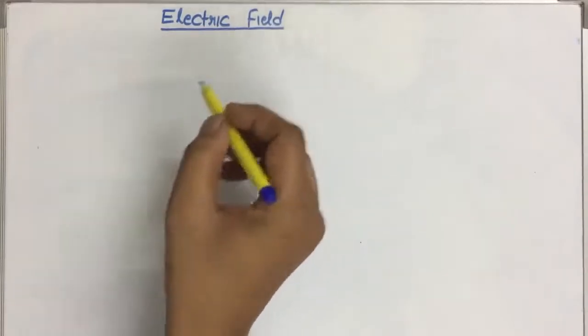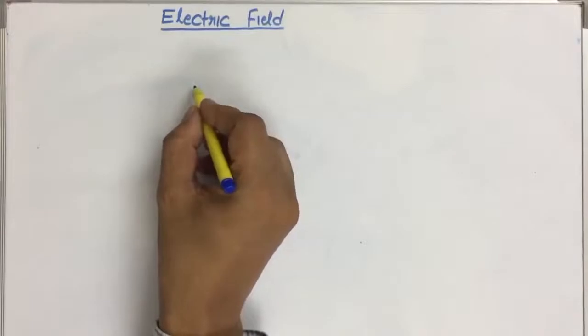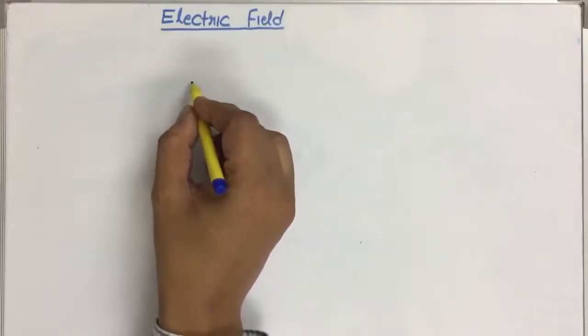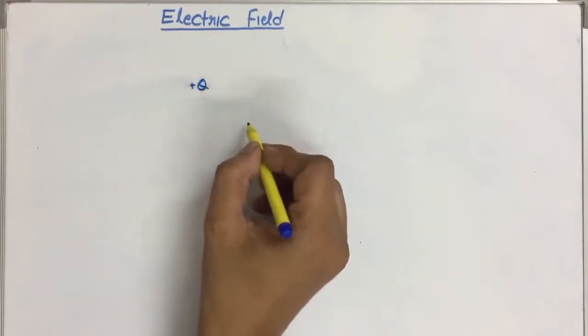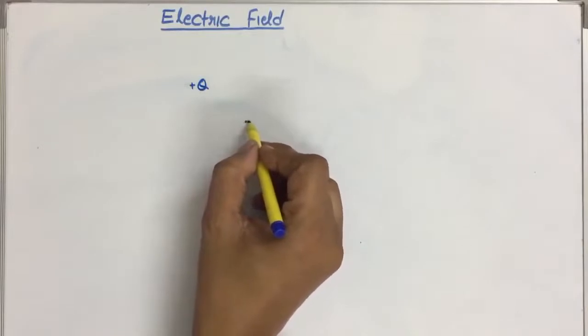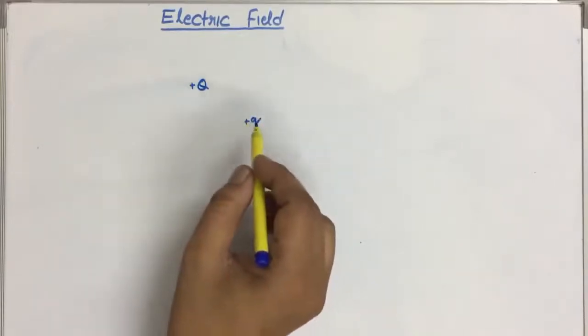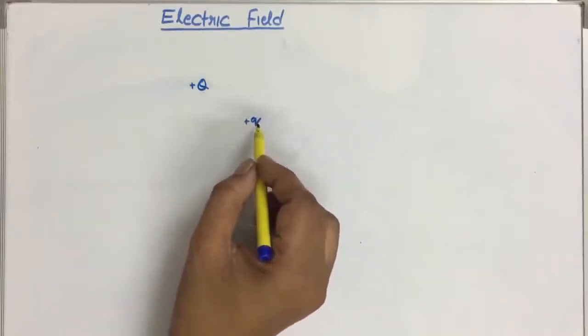Now after getting the force between the charges, we will discuss the electric field. It means the region around any charge in which another charge can experience a force.